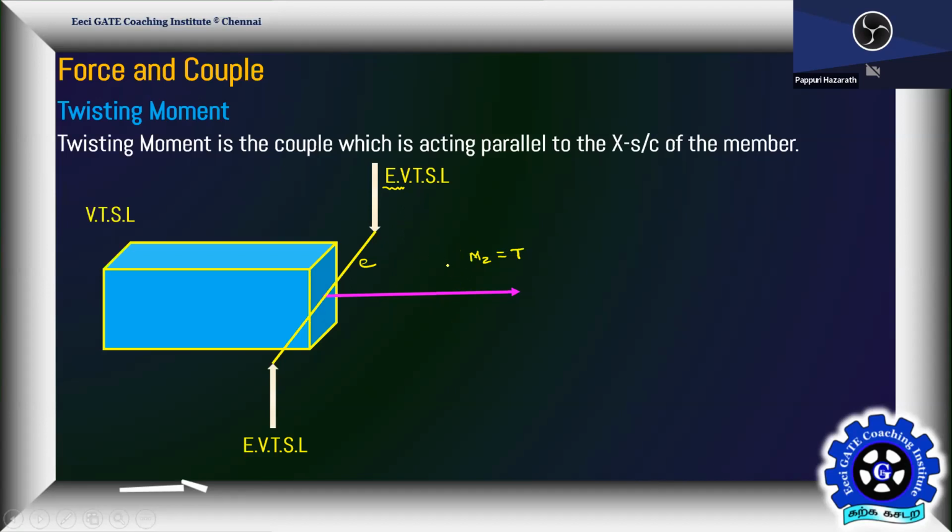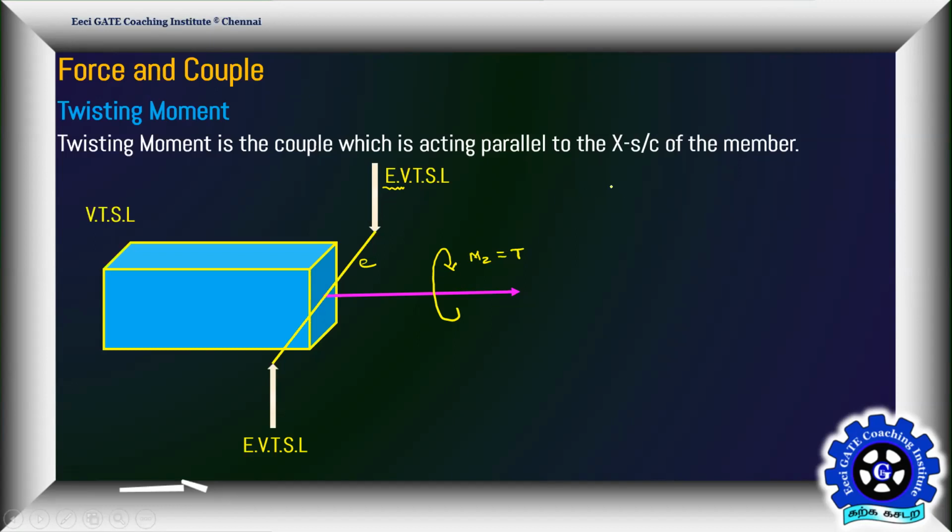So that is called twisting moment. Now we understood, right? What is the difference between bending moment and twisting moment? What are the different forces required to create a bending moment and twisting moment? Is it clear to all? Yes, sir.